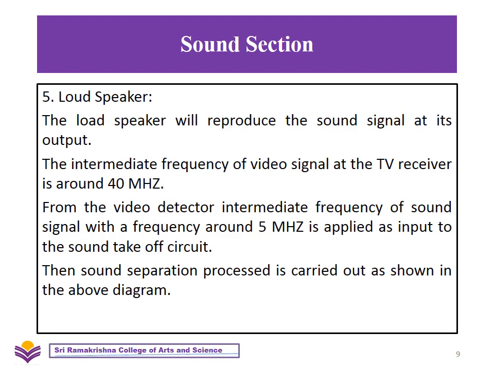The sound takeoff circuit will process the signal and transfer the information to the other stages to produce the sound signal at the output of your loudspeaker. This is how the sound section is generated at the television receiver.